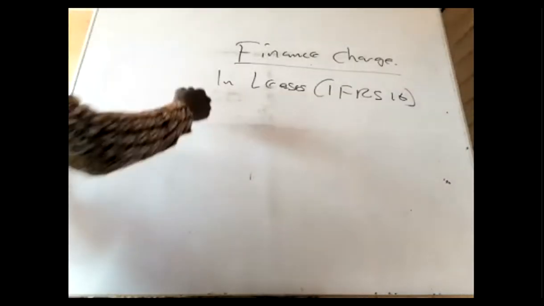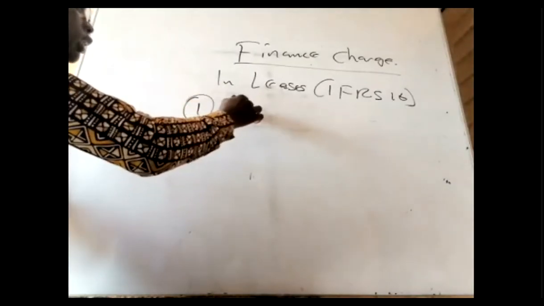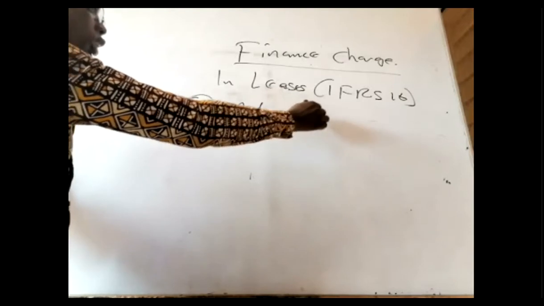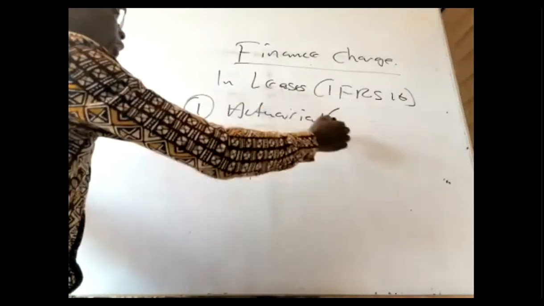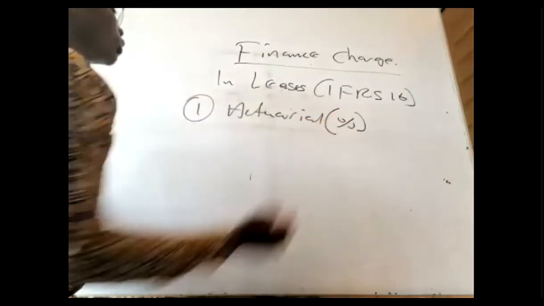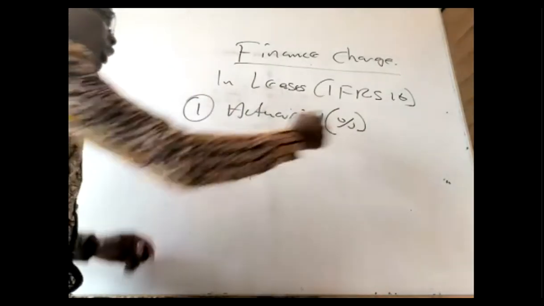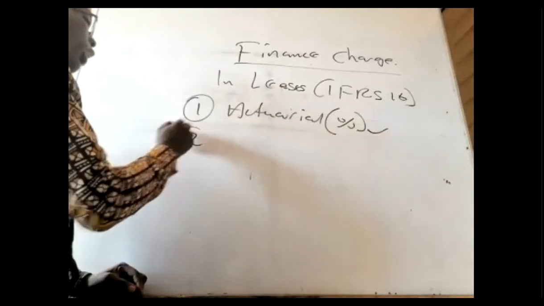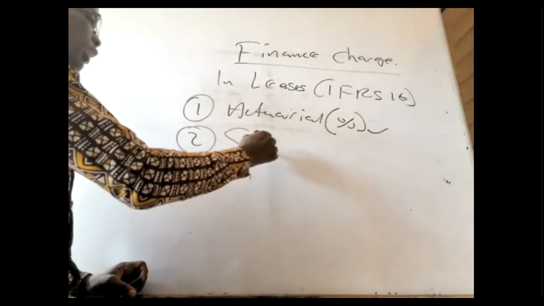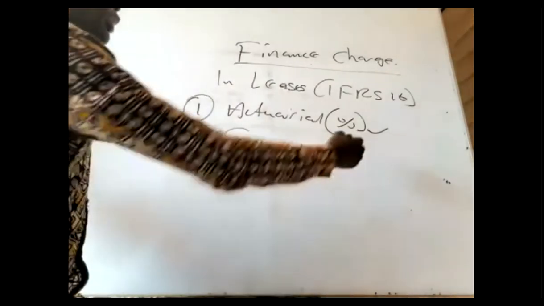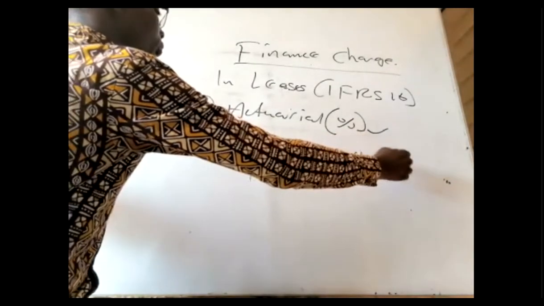The first one we call the actuarial method, using the percentage, the one that we know. So far, all the examples we solved are under the actuarial method. You can also have what we call sum of years digit.